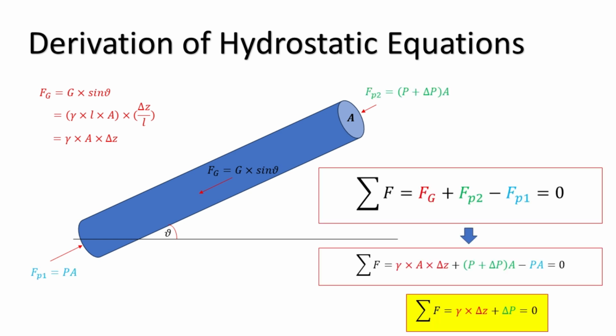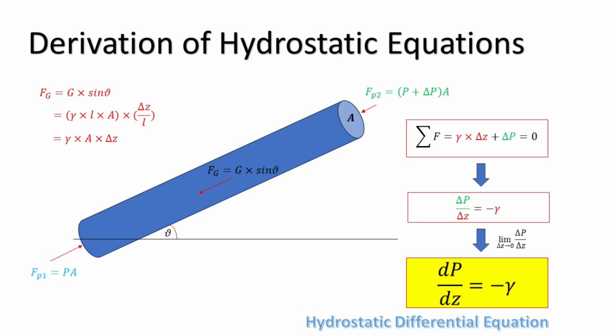Substituting the previously derived simplified expressions of Fp1, Fp2, and Fg into the summation gives an equation that is independent of the area A and the pressure P. This last equation is only related to the specific weight of the fluid gamma, the change in pressure delta P, and the change in elevation delta Z. When we rearrange this equation, we will find that delta P over delta Z equals negative gamma. When delta Z approaches infinitely small, we then derive the so-called hydrostatic differential equation.